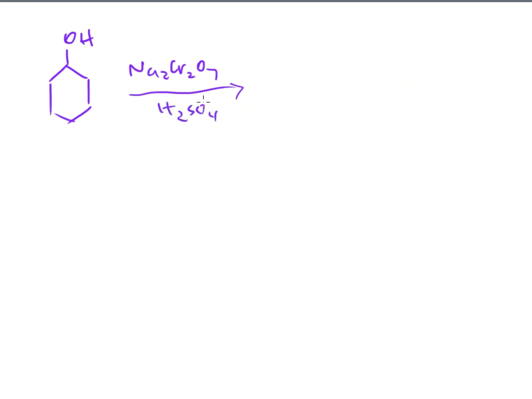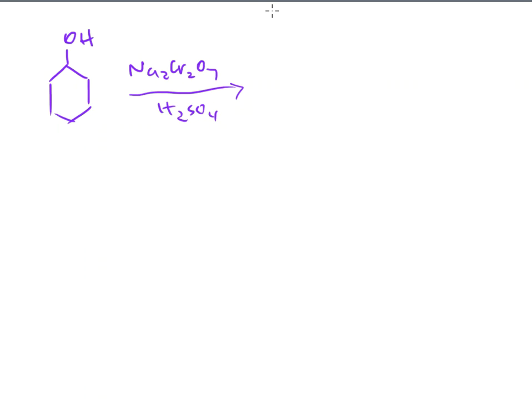So let's do another one. This time, let's focus on a ring, and off this ring is an OH group. And we're going to react this with Na2Cr2O7, H2SO4. That's what they're thinking. We're going to get them with this one.